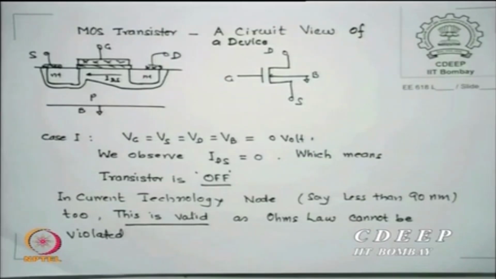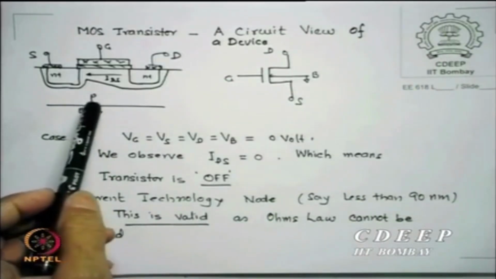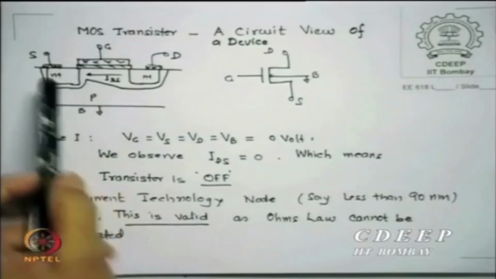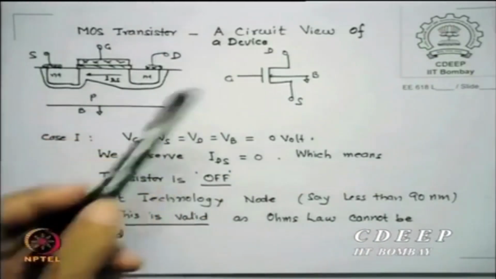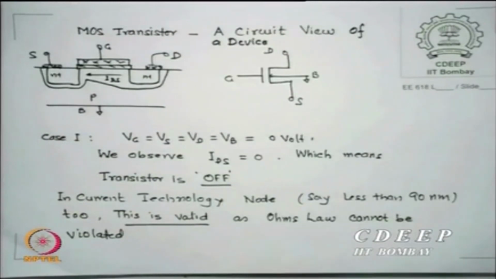The symbols are known: if the arrow is in it is N channel, arrow out it is P channel. If it is a P channel device, this will be N substrate and P plus source and drain. The only thing is that whatever voltage we apply in N channel, the opposite polarity should go for P channel for similar performance.